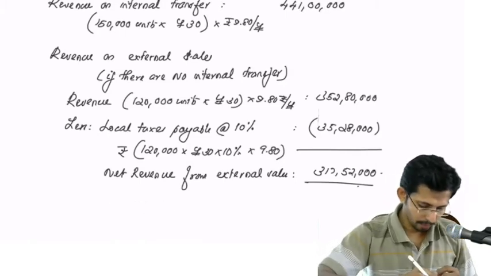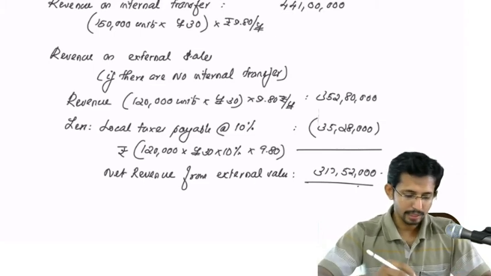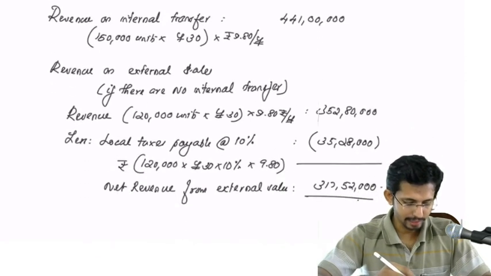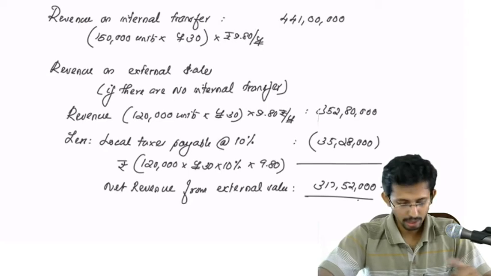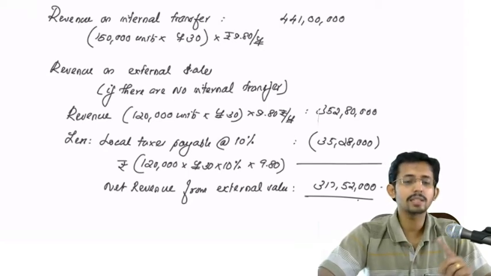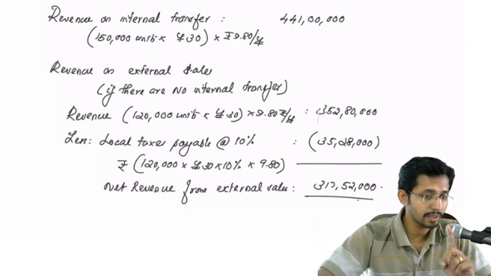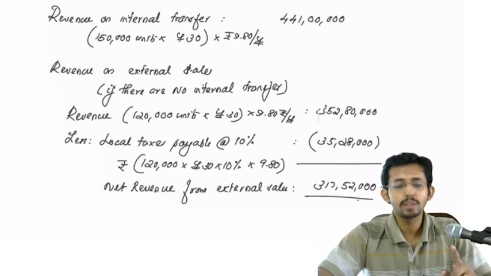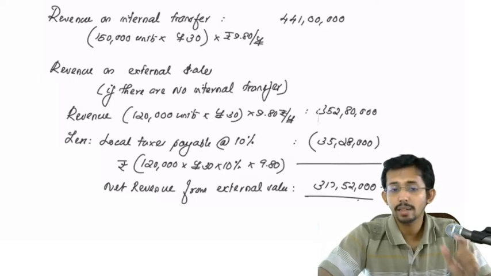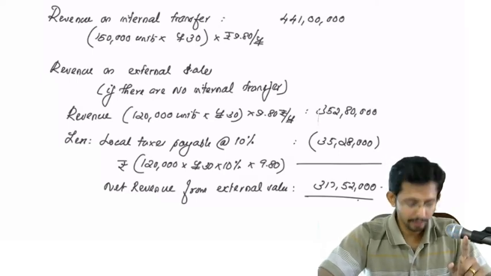You will have to find out the number of units produced. In the internal transfer, it was 1,50,000 units, whereas in case of external sales, you are selling only how many units? 1,20,000 units. So definitely you have cost savings also, because you need to produce only 1,20,000 units and not 1,50,000 units.